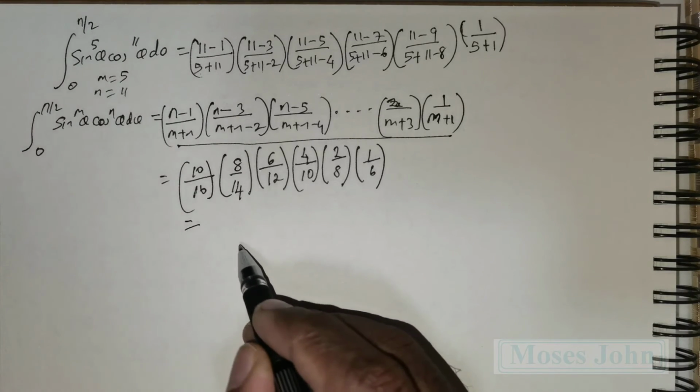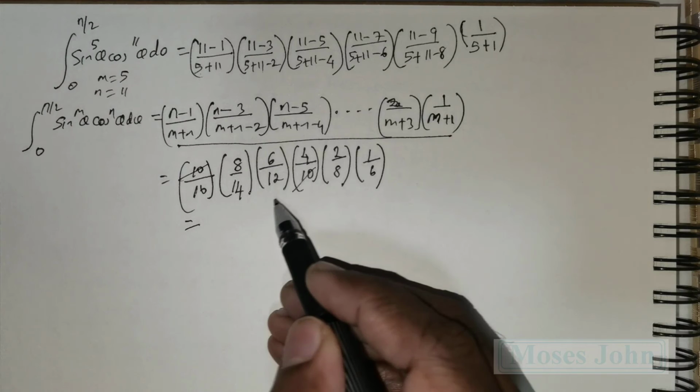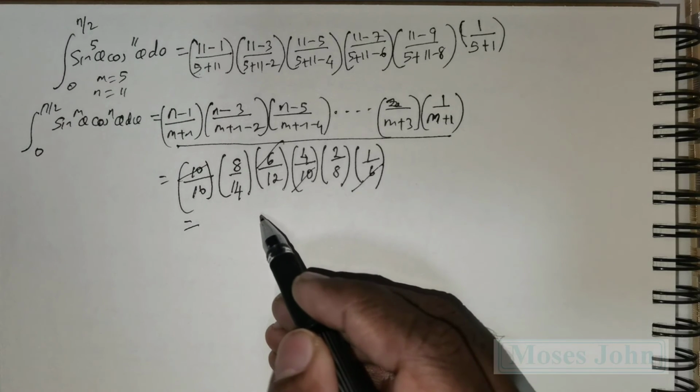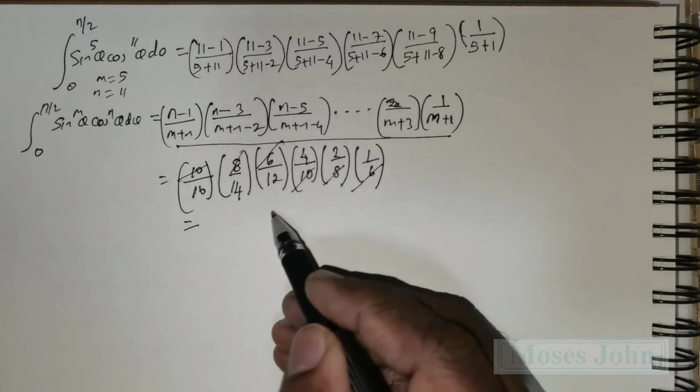So this is rewritten as: cancel 10 with 10, cancel 6 with 6, cancel 8 with 8.